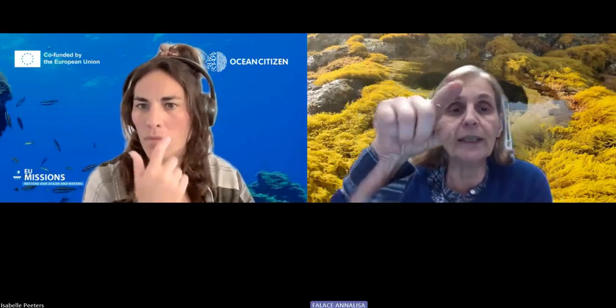Marta asked which kind of structure we use in the infralittoral. We use these clay tiles, and we attach them by drilling holes in the rock and screwing them directly onto the rocks.